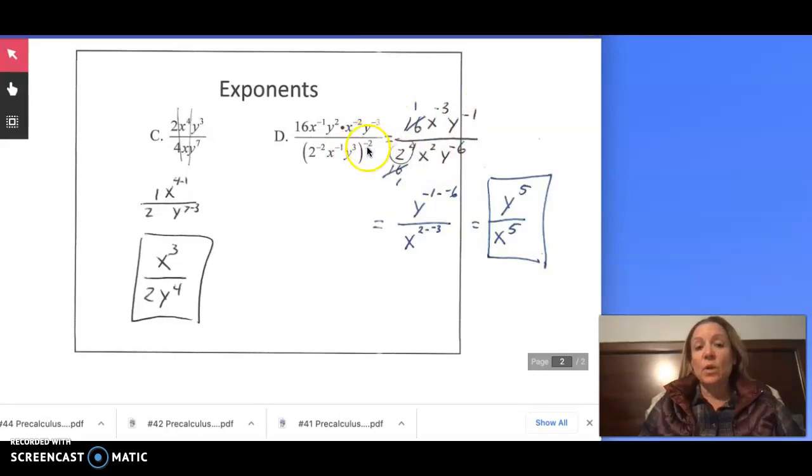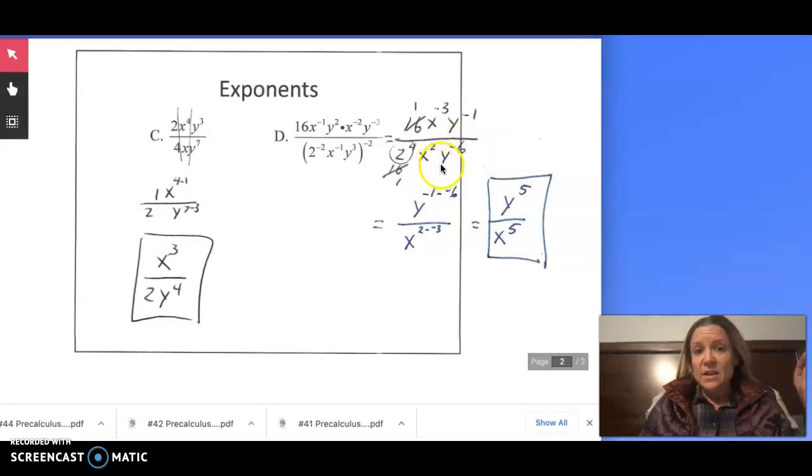In the denominator, we're going to distribute backwards that power of negative 2 by multiplying by the other exponents. So negative 2 times negative 2 is positive 4. So 2 to the fourth, which is 16, which is going to cancel with that other 16. Negative 2 times negative 1 is positive 2, and 3 times negative 2 is negative 6.